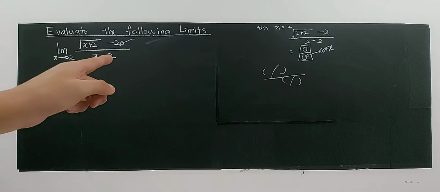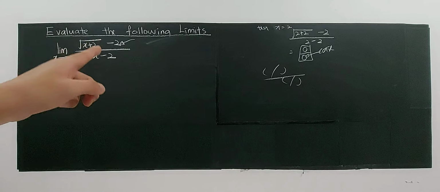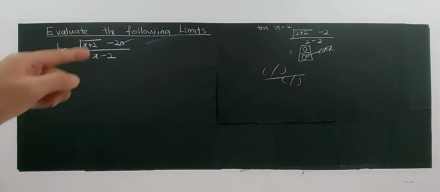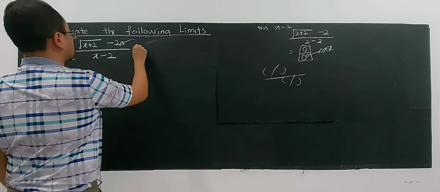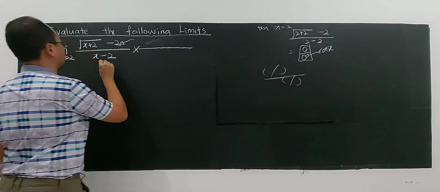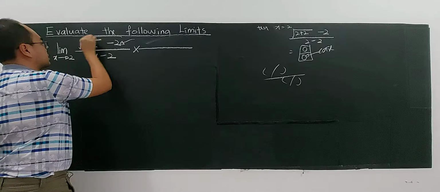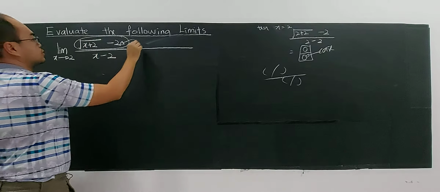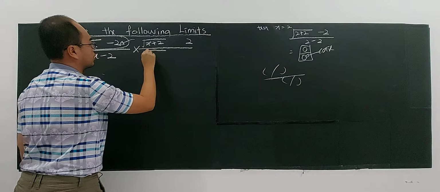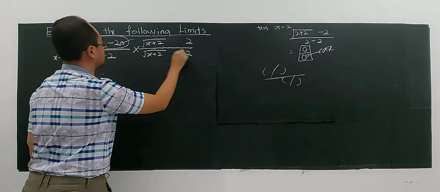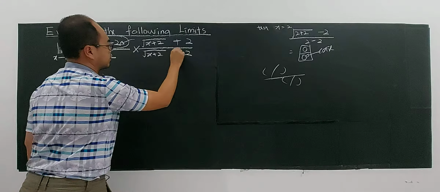So in order to resolve this type of problem, you have to use multiplication of conjugate. All right, multiplication of conjugate. So let's see, the conjugate of this one is a surd, right? The conjugate for this, square root of x plus 2, plus 2. Square root of x plus 2, you change the sign, minus 2, it becomes positive.